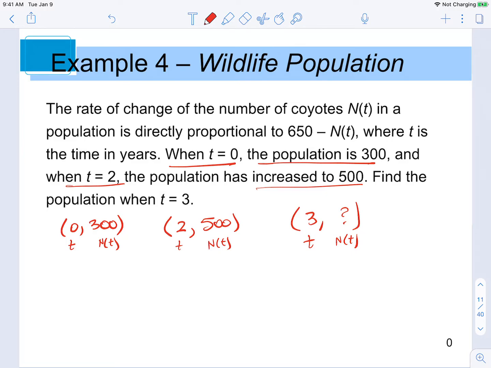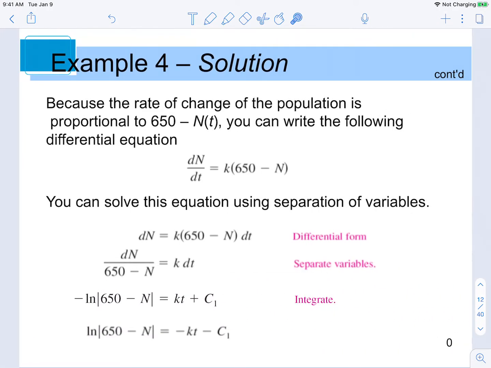Now, this verbal statement that we're reading here becomes this equation right here. The population, as it changes with respect to time, is proportional to 650 minus N of t.